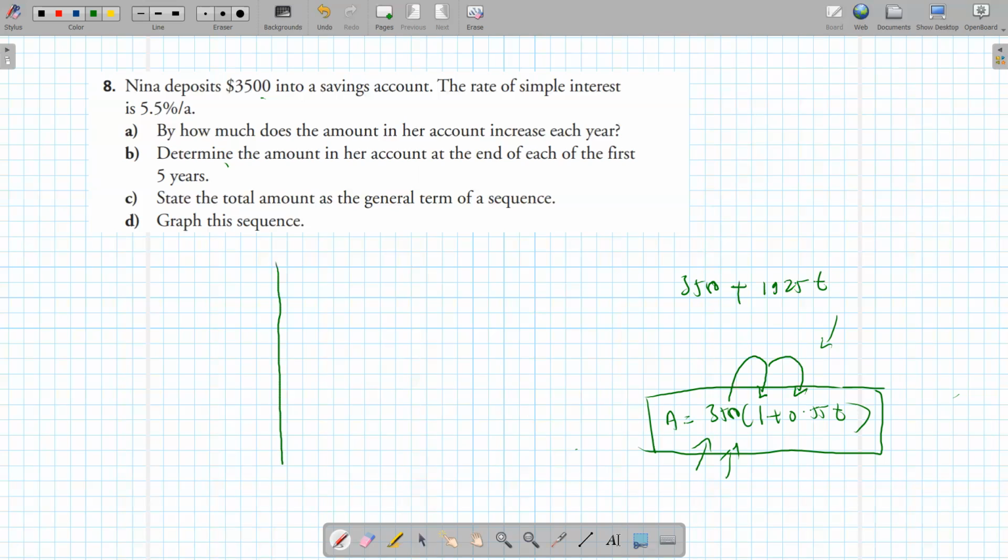So what's the y-intercept and what's the slope? Because to graph a linear function, you need the y-intercept and the slope. The y-intercept is 3,500. It's right here. What about the slope?